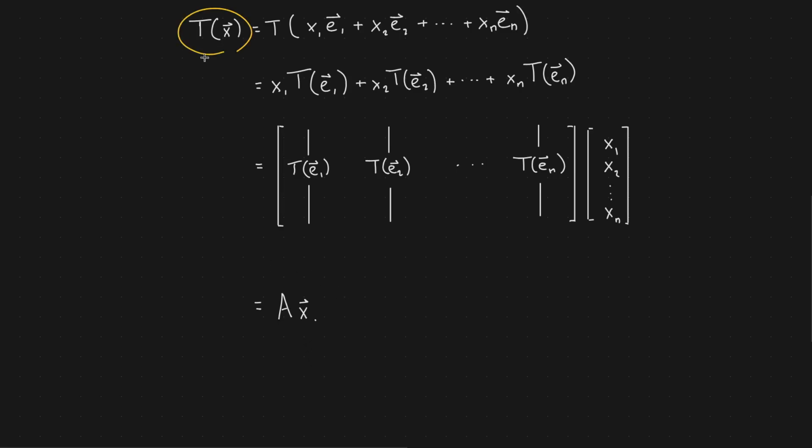That is, the transformation on x is just a matrix times a vector. And that's the definition of a matrix transformation.